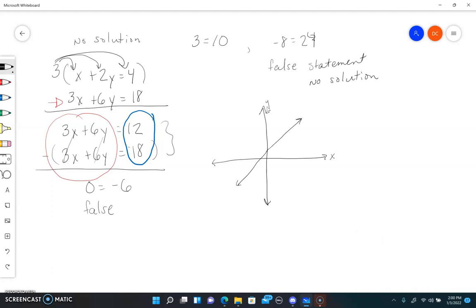And so use your great imagination to imagine that I drew two perfectly parallel lines. So that's where you have no solution, right? These are never going to intersect. And so those are your three options. You can have one solution, infinite solutions, or no solutions when you're solving your systems of equations.